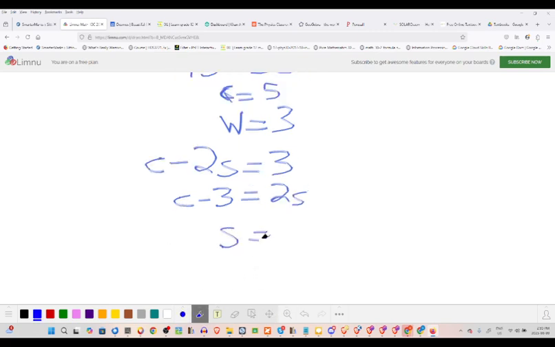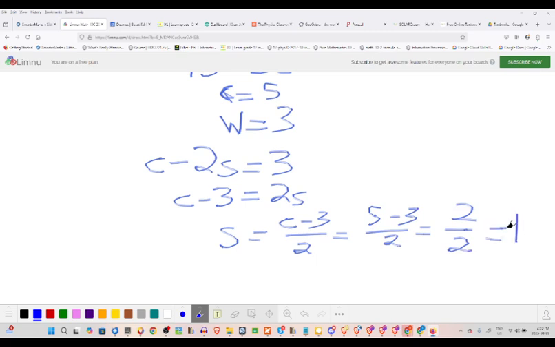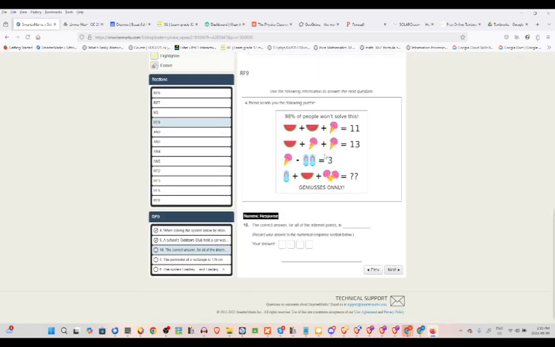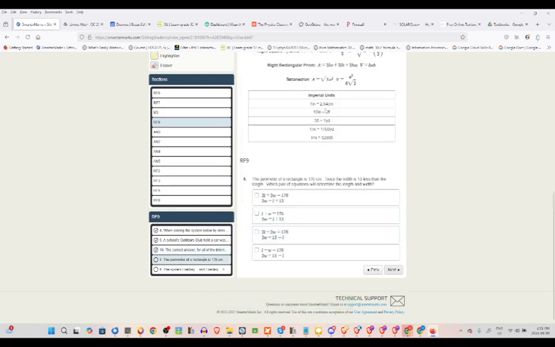So a sandal is a cone minus 3 over 2. 5 minus 3 over 2. 2 over 2 is 1. So these sandals are worth 1. So 1 plus 3 is 4, plus 2 cones here, so that's 10. 4 plus 10 is 14. So we get all the internet points for that.